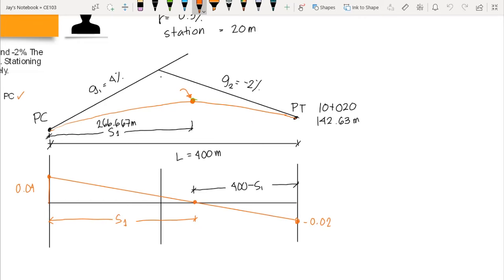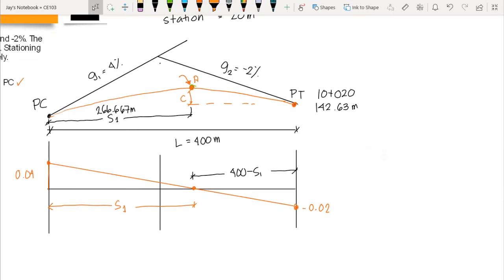So, between PT, let's say this is our A, and this is our C, the vertical distance between these 2 points is equal to the area between the 2 points in our grade diagram. By computing this area, we would compute the value of C, which is the difference in elevation between A and PT. We refer C from PT because we have a known elevation at PT. If we get the value of C, then we add that to 142.63 meters, and that would give us the elevation at A.